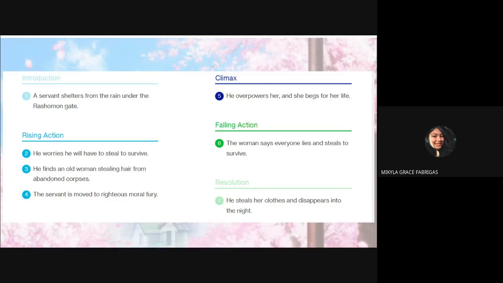If he didn't meet the old woman, I think he would not have become a thief. So I think, sir, they have something in common because they both are thieves. They are trying to survive by stealing things, like the hair that the old woman took to make a wig. So they are trying to survive by stealing, sir.